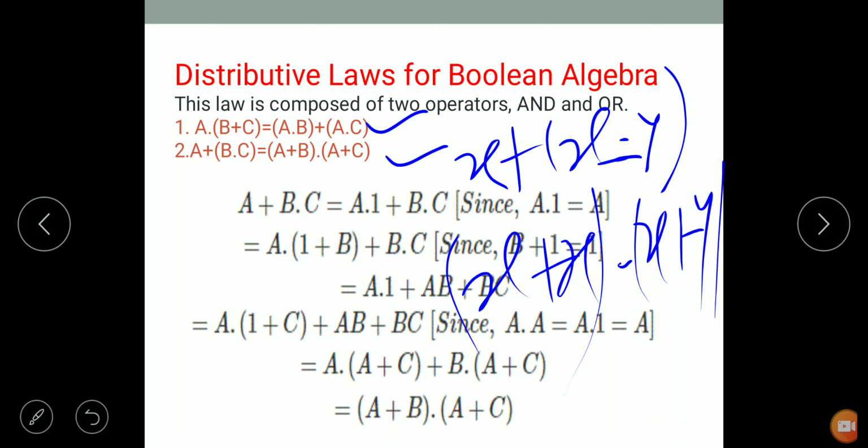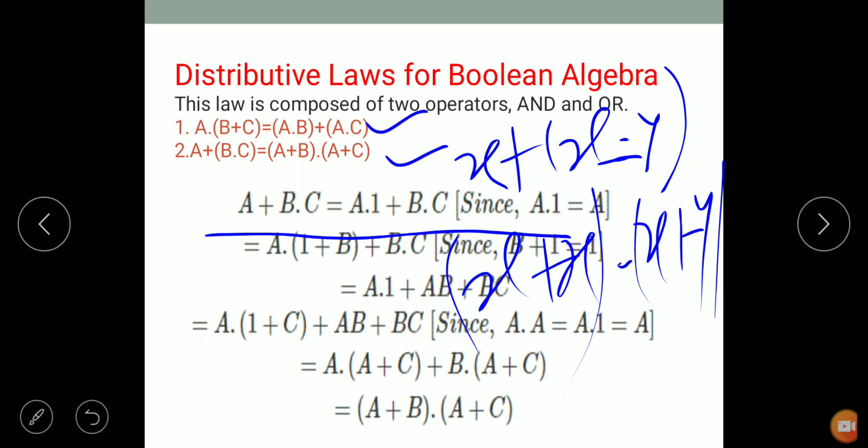This is the distributive law. Means we multiply the elements which are present in the bracket. This is nothing but the distributive law.